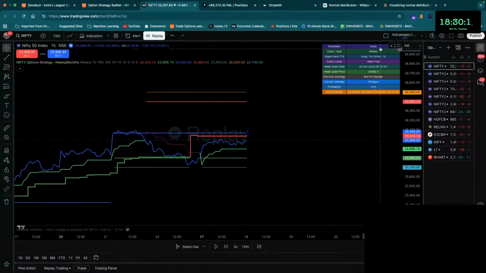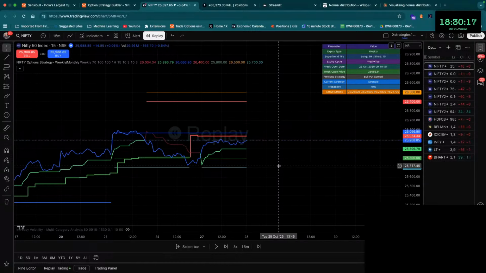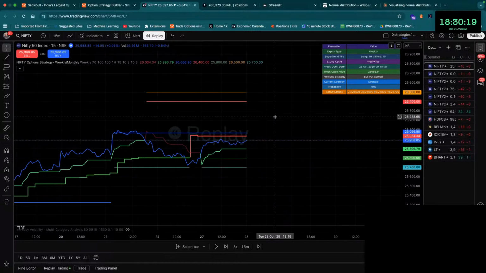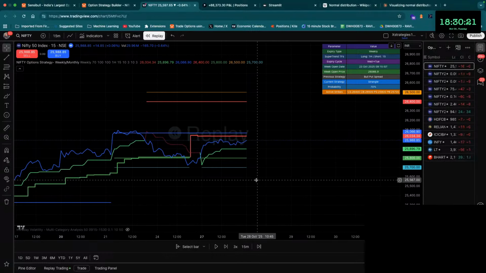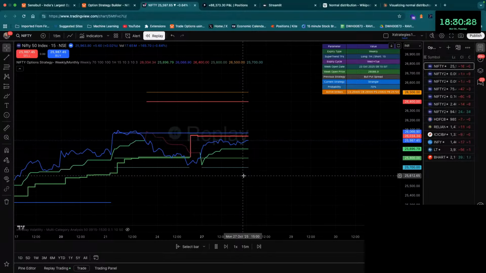We'll add this. You get to see this chart here. As I said, this chart is not in isolation. Whatever options you select, depending on that, these values would change. That's the only difference you would see. Let's do it at 1x.